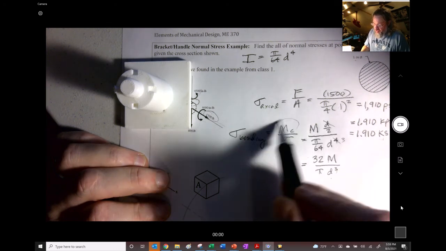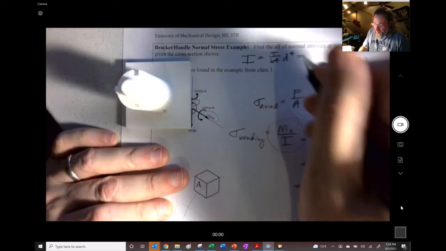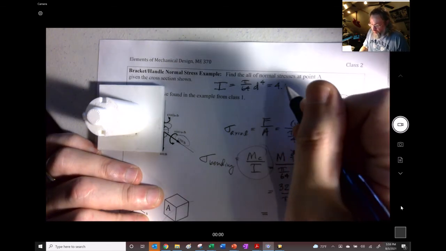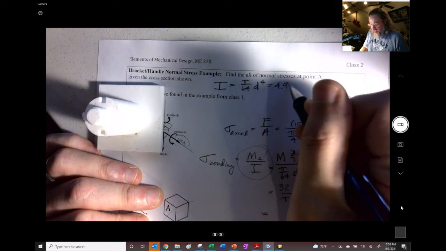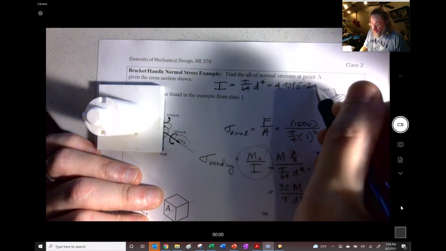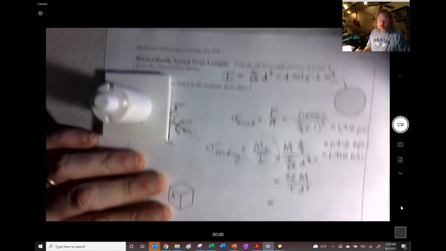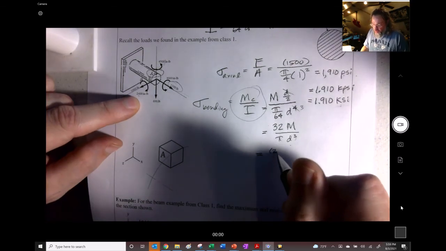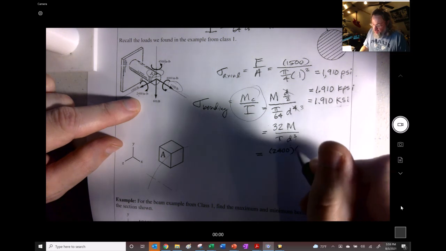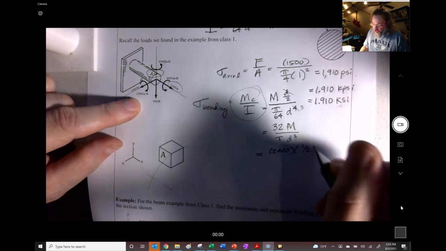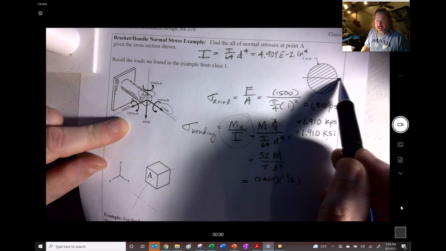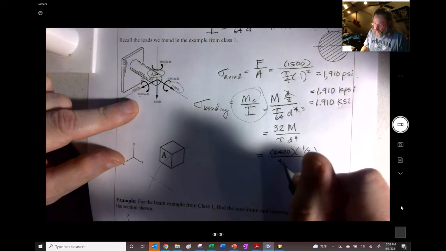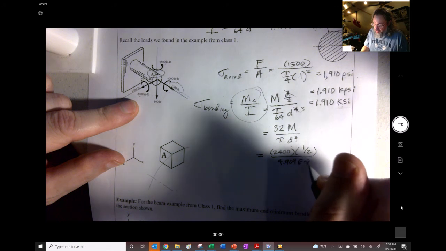But so the bending stress that's taking place right here, I'm going to use this formula right here and calculate this out. When I put 1 inch in for d, I get 4.909 e minus 2 inches to the fourth. The moment I'm going to use is 2,400 times c, which is 1/2, divided by 4.909 e minus 2.